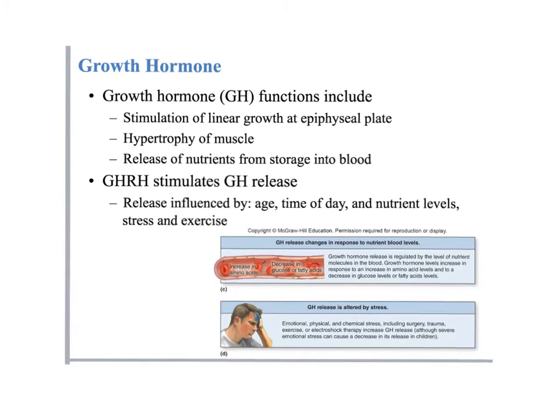The release of growth hormone is influenced by certain things. Age, time of day, which we call what? Your normal circadian rhythm. Okay? Nutrient levels. We just talked about what growth hormone is going to do, and they're going to increase nutrient levels, right? So if nutrient levels go down, what's going to happen?